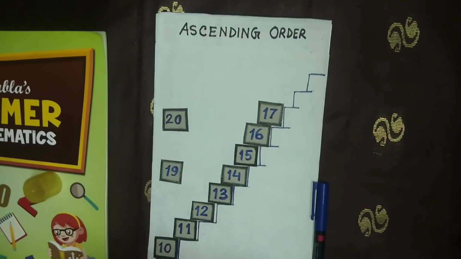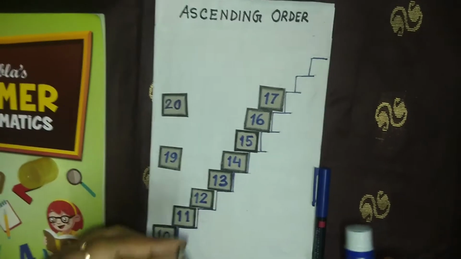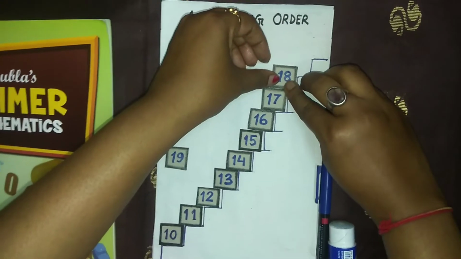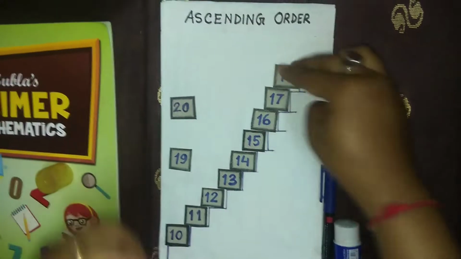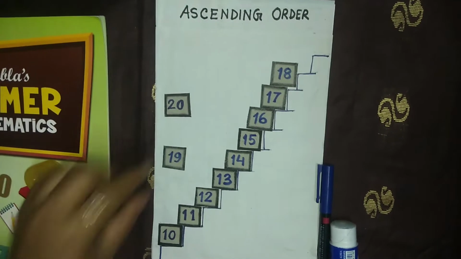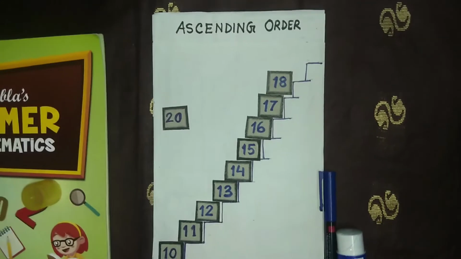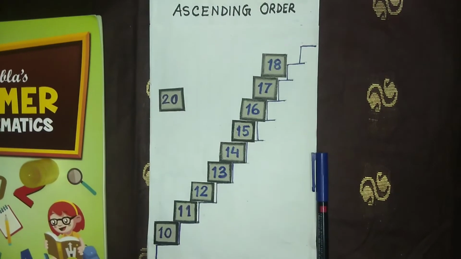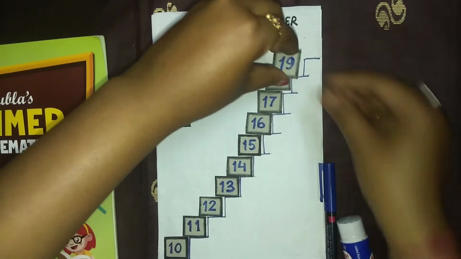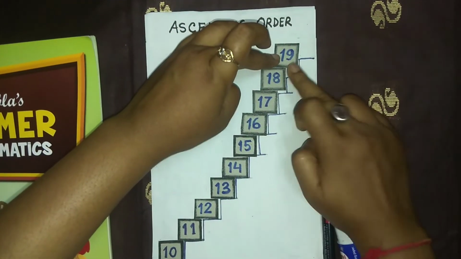So I'm taking this and pasting it here. Next, after 18, 19. Again taking this and pasting it over here.